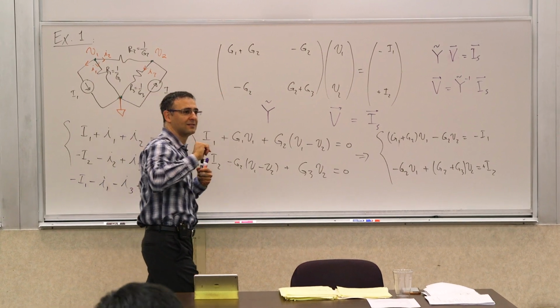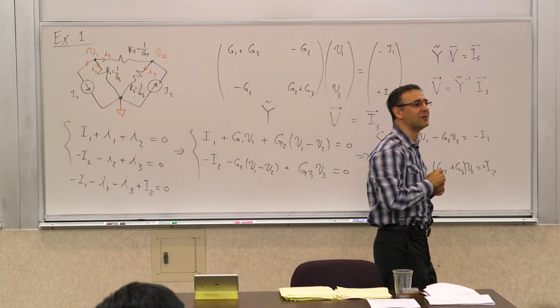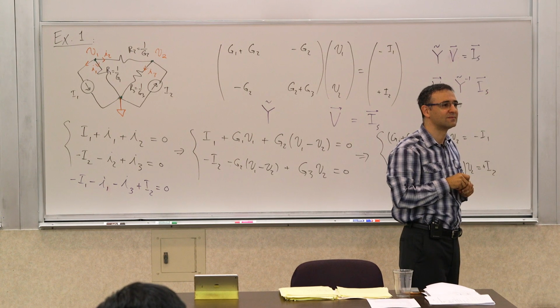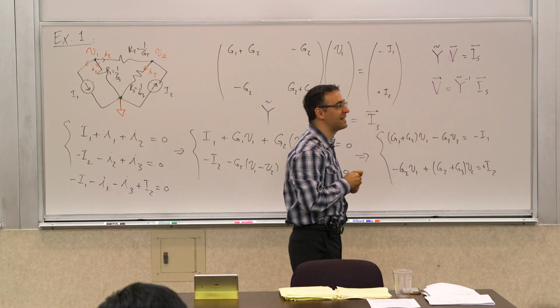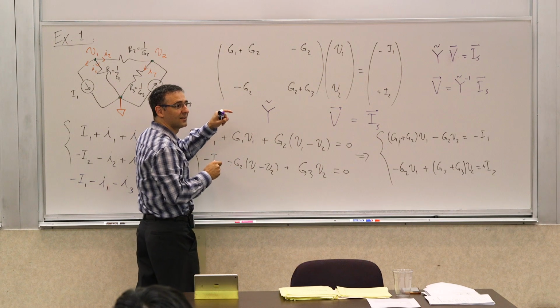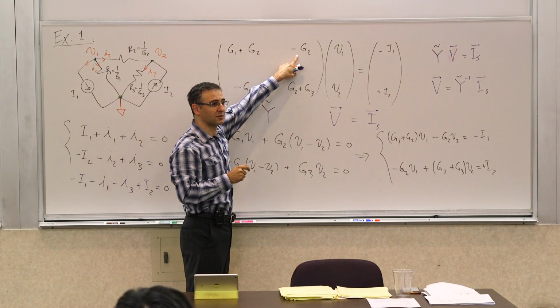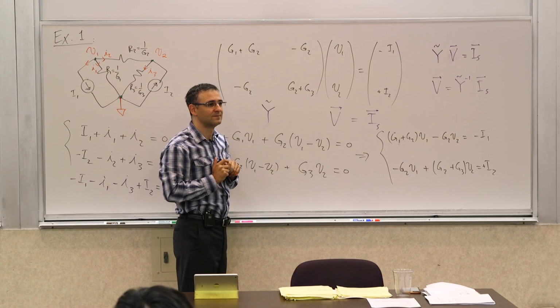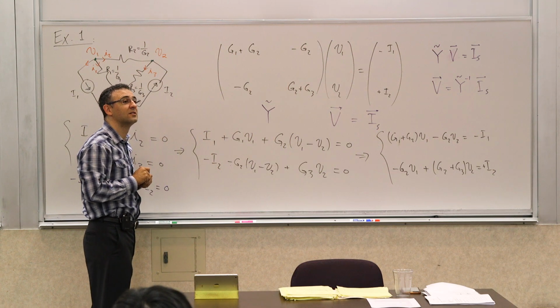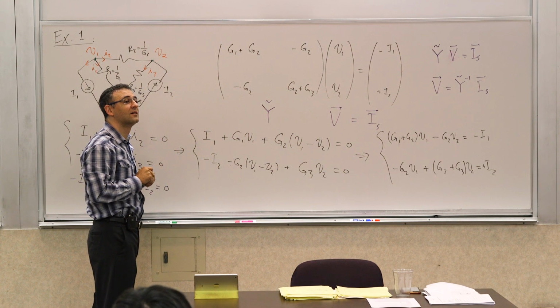Kavya, and then in the back. Start this way. There, go. So the edges will be the... When you say the edges, I'm sorry, what do you mean? Like she said, the ones that are not on the diagonal. Off-diagonal terms will be the negative of the conductance between the row number and the column number.